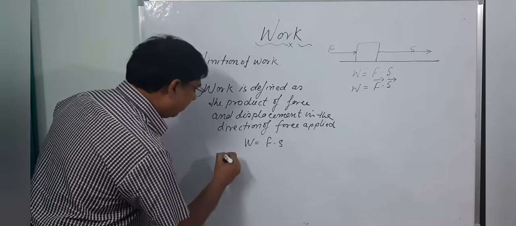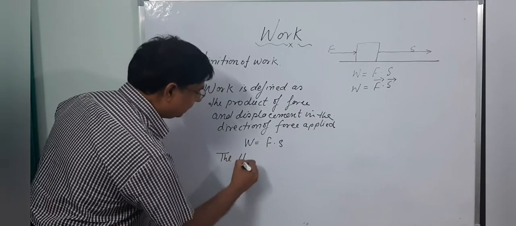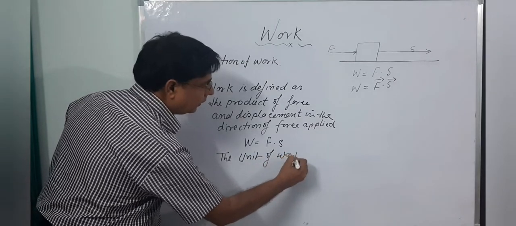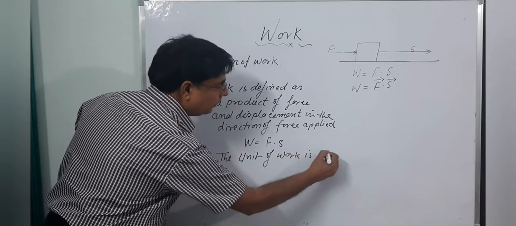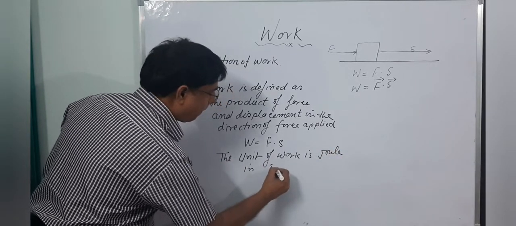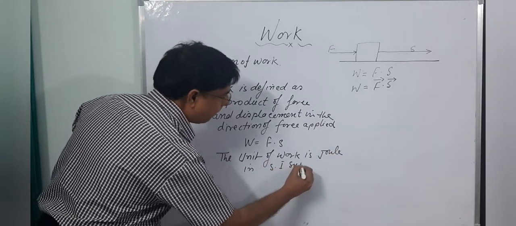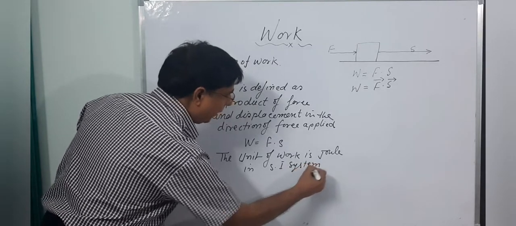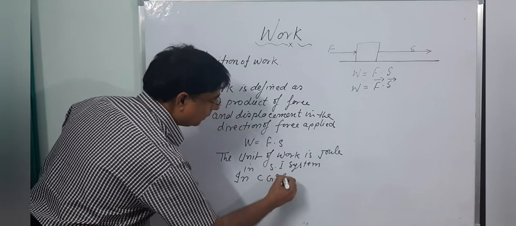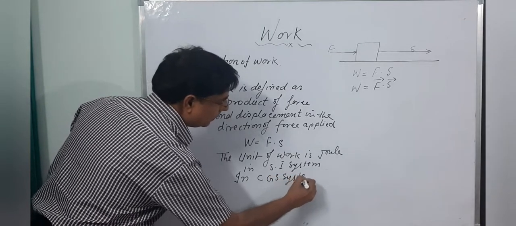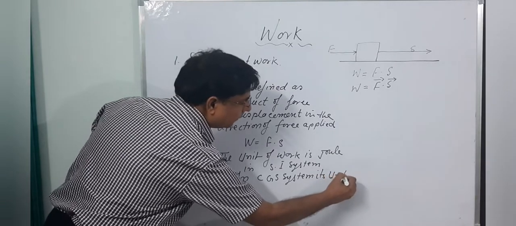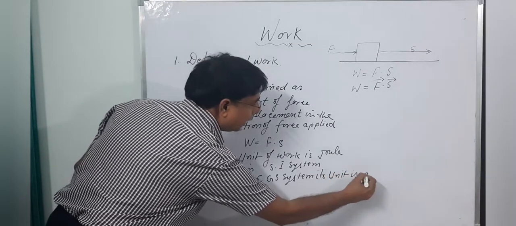The unit of work is joule in the SI system, and in the CGS system its unit is erg.